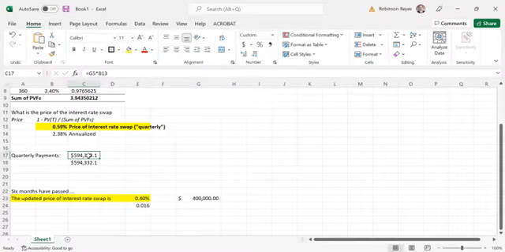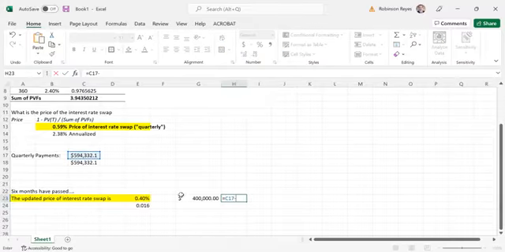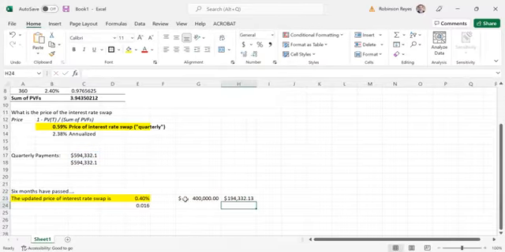Okay, so what is the idea behind the value of this interest rate swap? Every quarter you will receive this minus this. You are receiving $194,000 more every quarter compared to an investor who enters into an interest rate swap today.